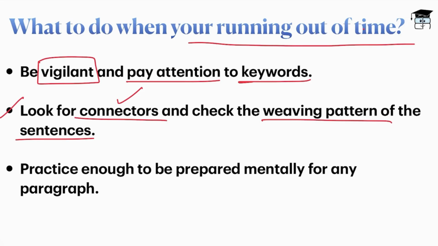The last thing to keep in mind when you're running out of time is to practice enough so that you do not exceed the time limit. It is very important to be prepared mentally for any kind of paragraph that you will encounter in your CAT exam. So you have to practice enough to make sure that you solve your question in the particular time frame which is provided to you in the exam.